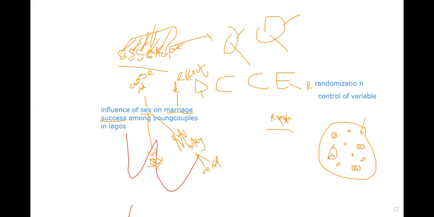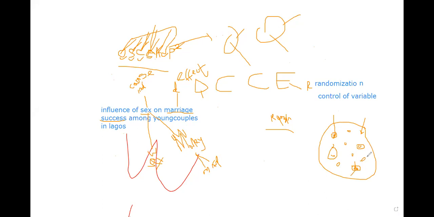Is somebody getting what I'm doing? So I randomly pick a sample. Then from these samples that I've randomly picked, are we together? From this sample I randomly pick, I randomly treat this sample that I picked.